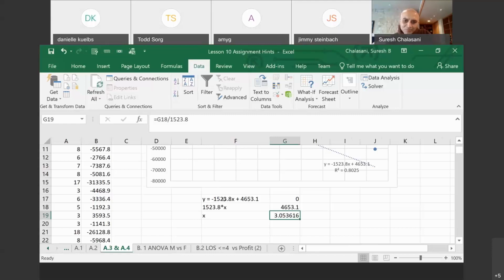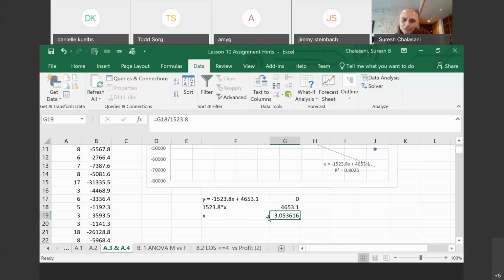If the length of stay is below 3, for example, if I have 2 days of length of stay, then I have minus 2 times 1523.8, which would be minus 3,047. And so I'm making money.